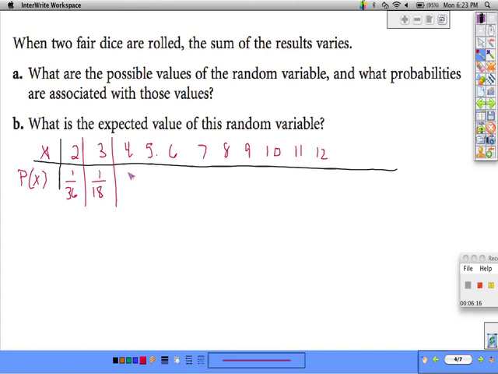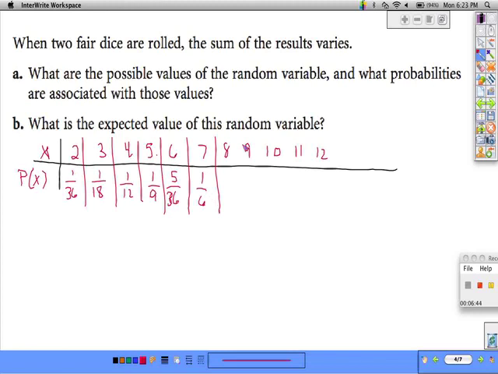There were 3 4s, 3 out of 36 is 1/12. There were 4 5s in that table. 4 out of 36 is 1/9. There were 5 out of 36 6s. And finally 6 out of 36 7s. So the probability of 7 would be 1/6.